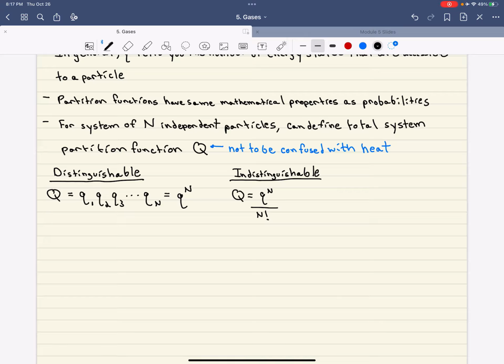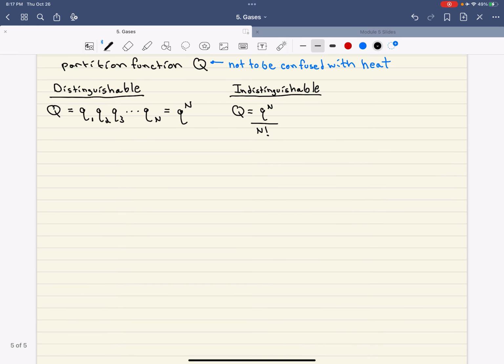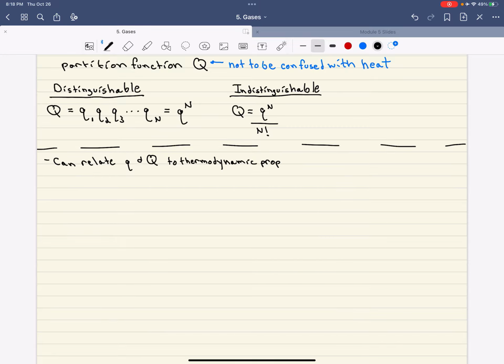So you can define a total system partition function as well. The reason I'm introducing the individual and total system partition functions now is that we can relate them directly to various thermodynamic properties.